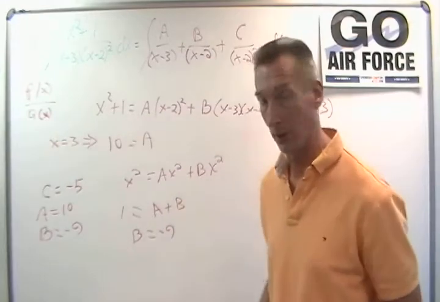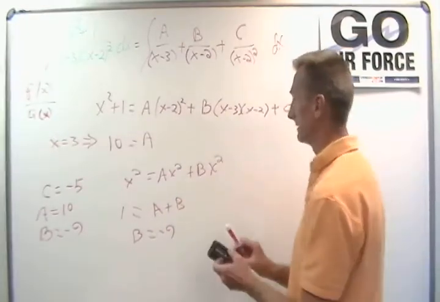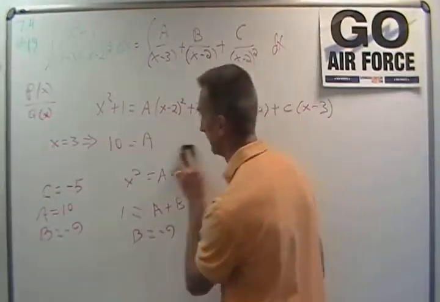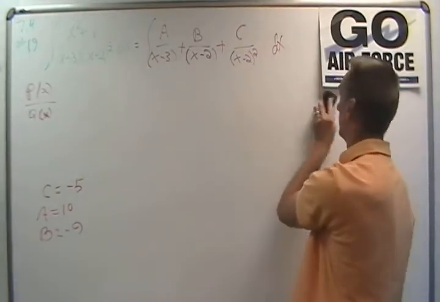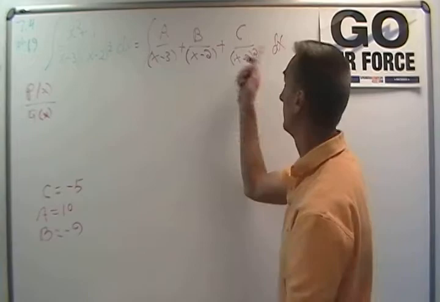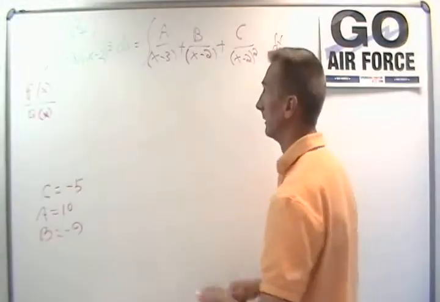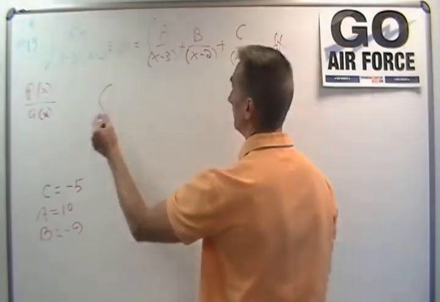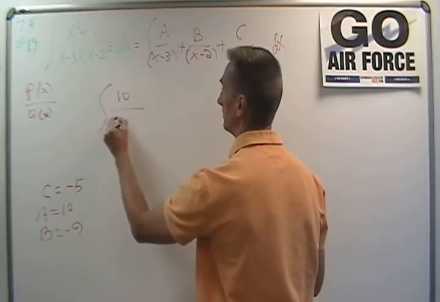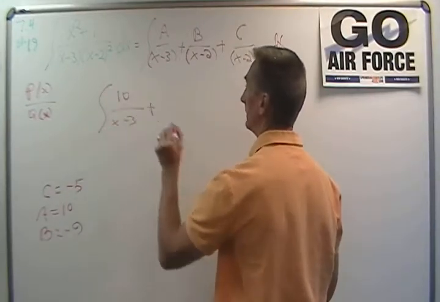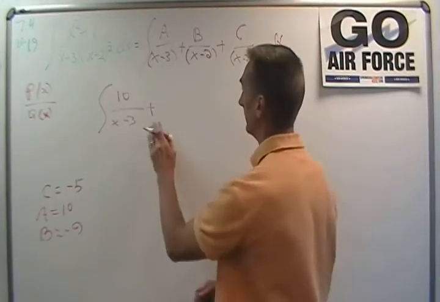This problem's getting simpler all the time. Now, since we know A, B, and C, we can rewrite our integral. So I have the integral of A, which is 10, over x minus 3, plus B, which is minus 9.